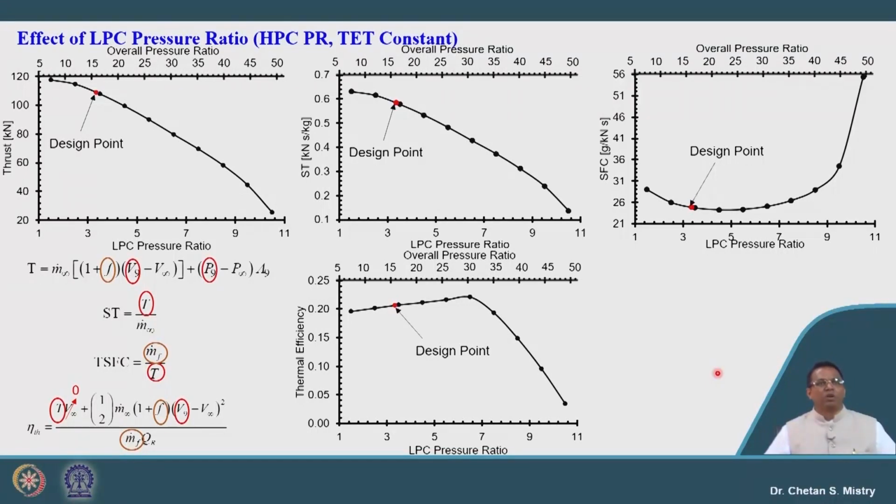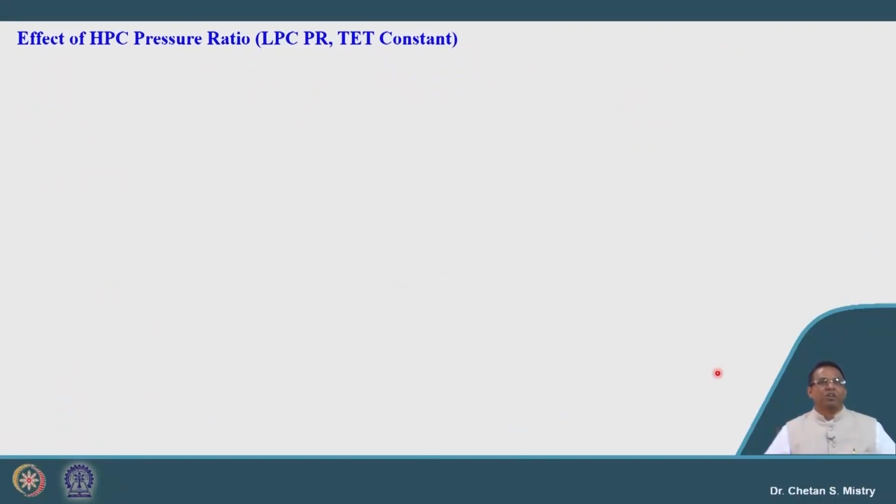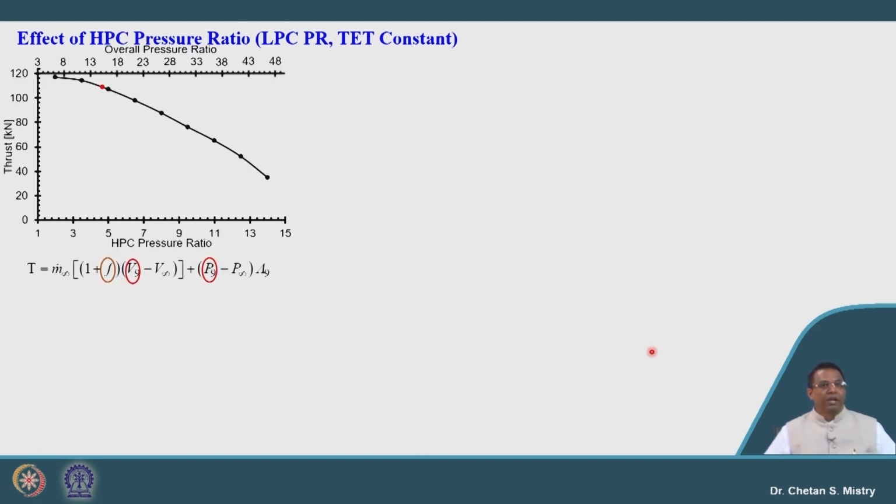Now, let us try to understand the variation of other parameters. So, we can look at the effect of HP pressure ratio, keeping LP pressure ratio constant and turbine entry temperature constant. Let us look at it in line with what we have discussed earlier.